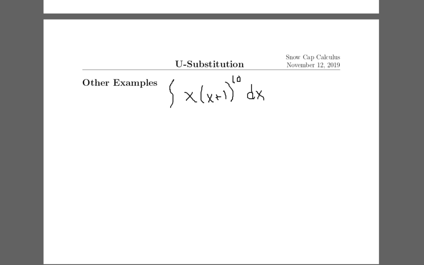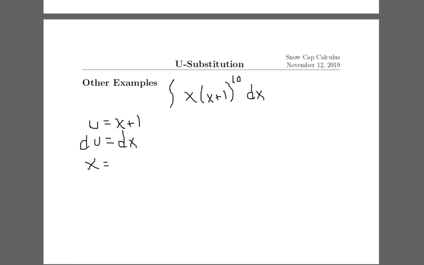Let's see, an indefinite integral with integrand x times the quantity x plus 1 to the 10th. So we have u equals x plus 1, du equals dx. So our x would equal, so this is the trick that I was talking about earlier.